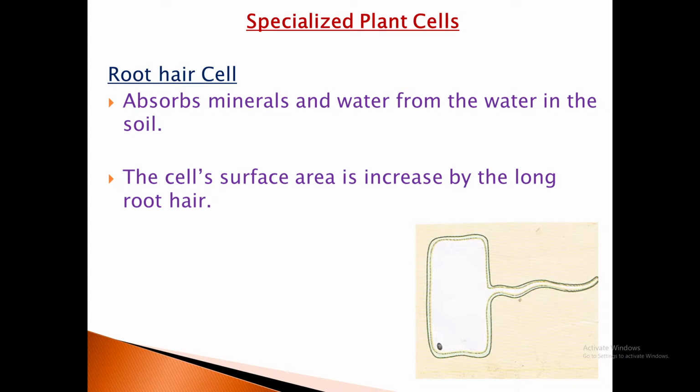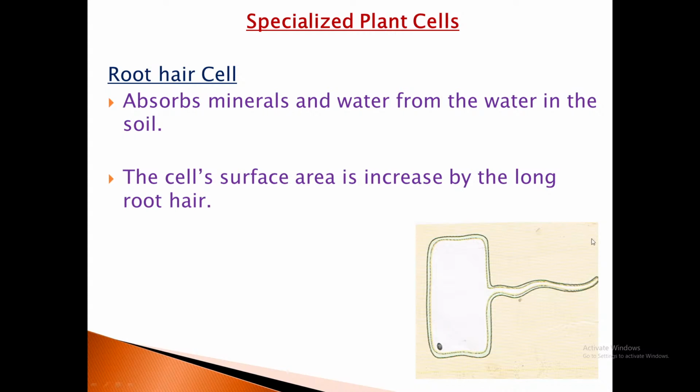So moving on to specialized cells in plants now. So root hair cell absorb minerals and water in the soil. Right, so just like the human body, a plant, for example, have different types of cell that carry out different types of functions. So they are saying that the root hair cell absorb minerals and water from the soil.